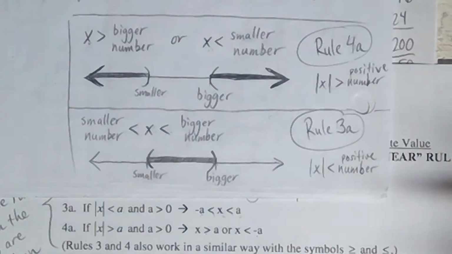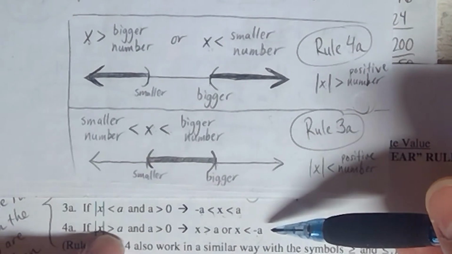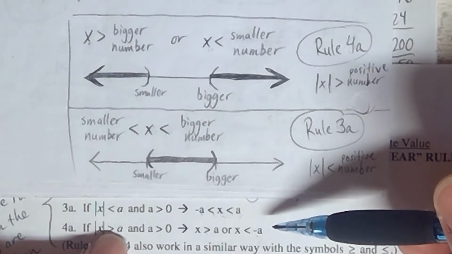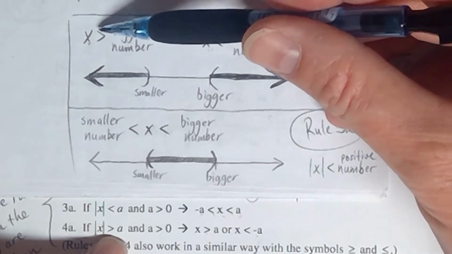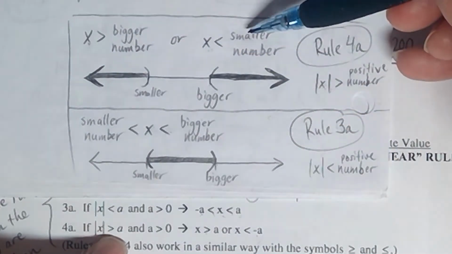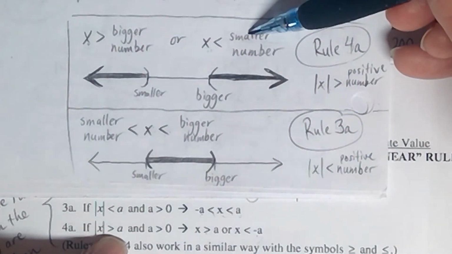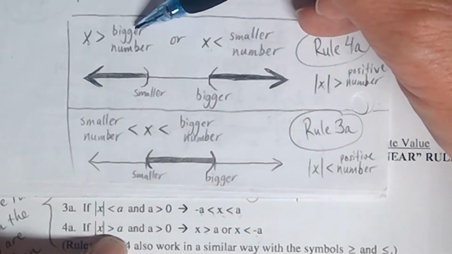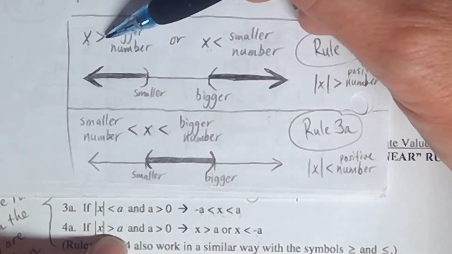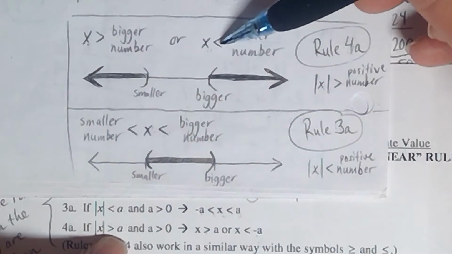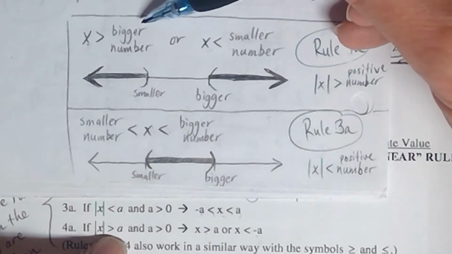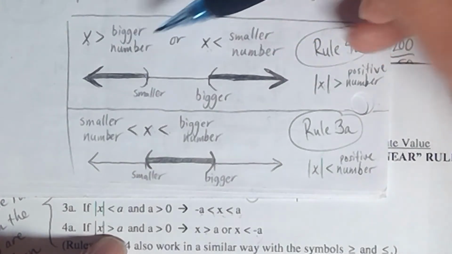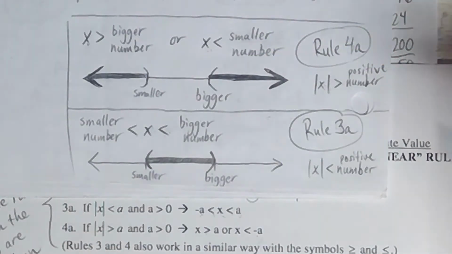So when you get rule number 4, where the absolute value is greater than, eventually you'll get x by itself if it's not already. If you do it correctly, the x will be greater than the bigger number, and the x will be less than the smaller number. I know that seems like a contradiction. How can you be greater than the bigger number and less than the smaller number at the same time?